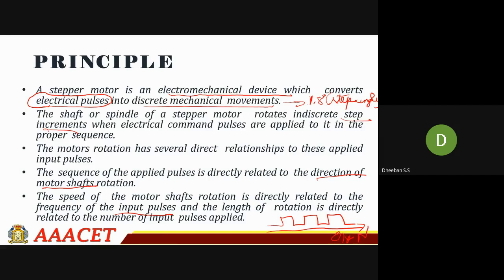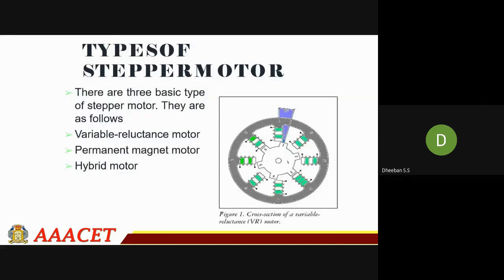There are different types of stepper motors. First is the variable reluctance stepper motor, next is the permanent magnet stepper motor, and next is the hybrid motor. This is a cross section of a variable reluctance stepper motor.